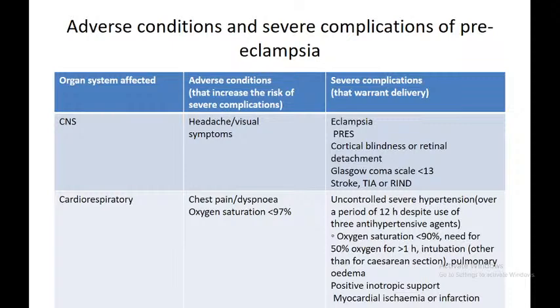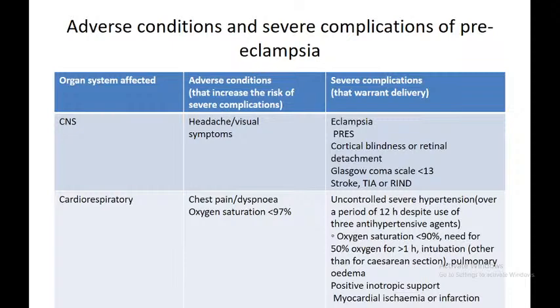And the Glasgow coma scale will be less than 13, and a few of the patients may also present to us with either stroke or transient ischemic attacks or reversible neurological deficits. So these will be your severe complications of the central nervous system.